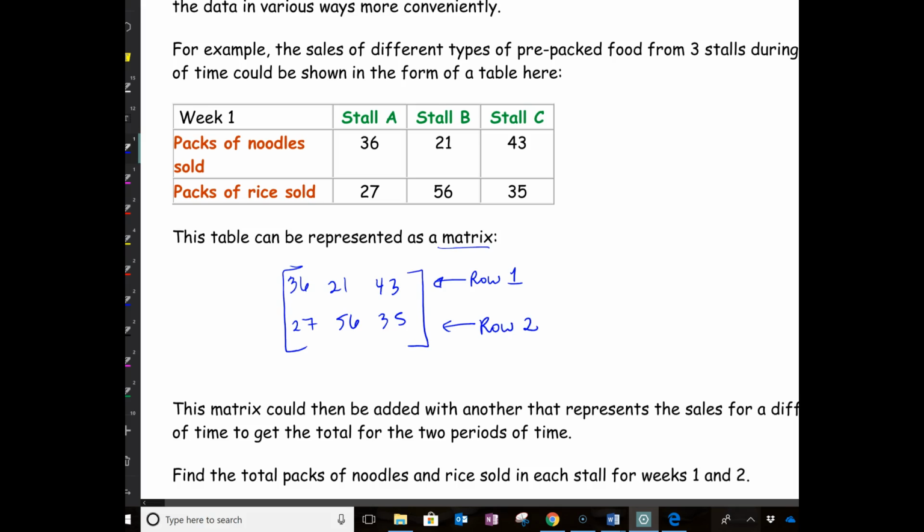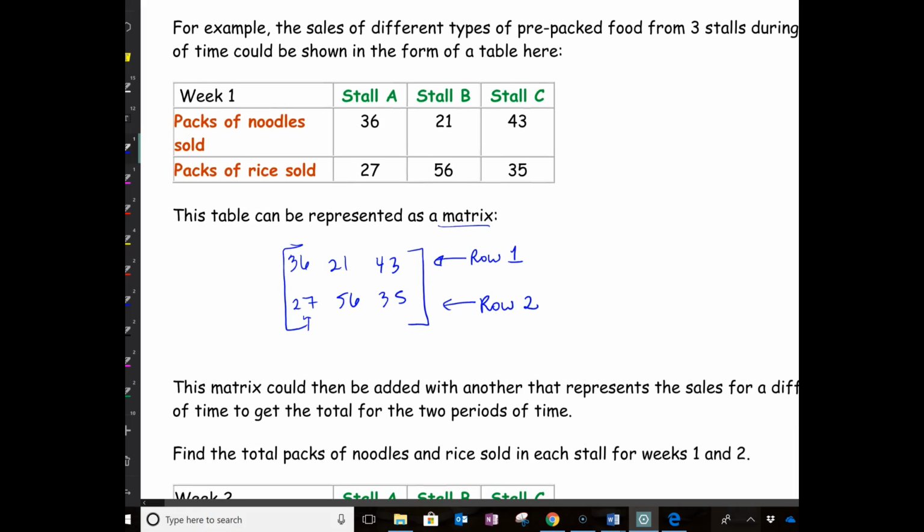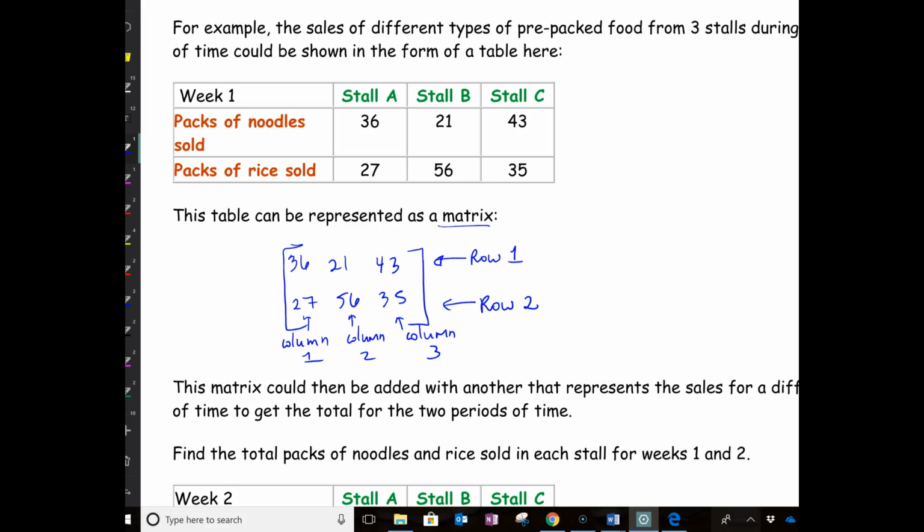And then what do you guys think the up and down pieces would be called? Columns. So this would represent column 1, column 2, and that would be column 3. Now, why is it important that you understand those terms?